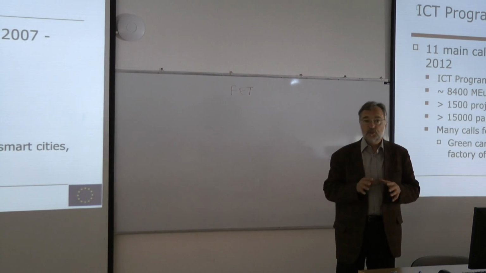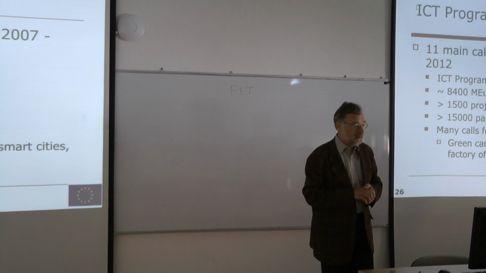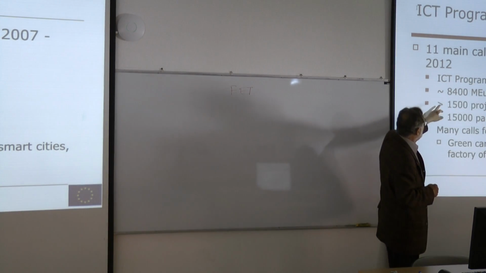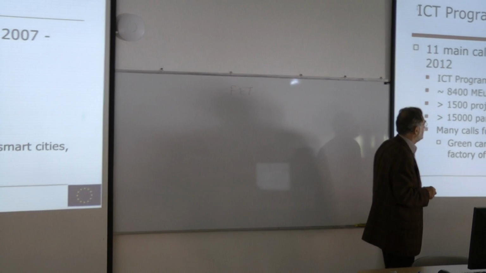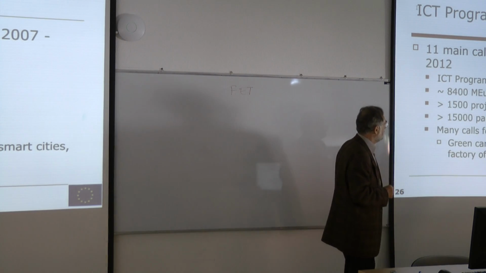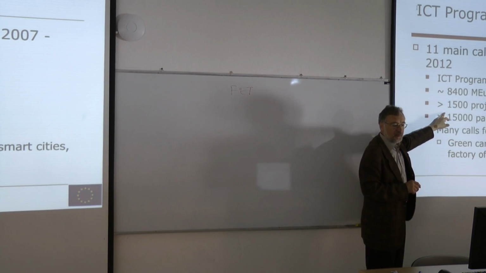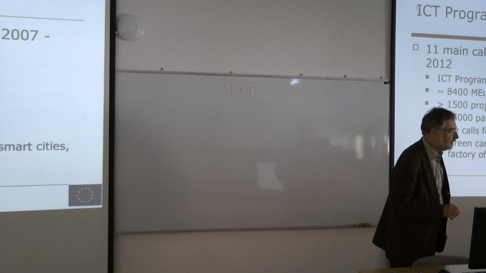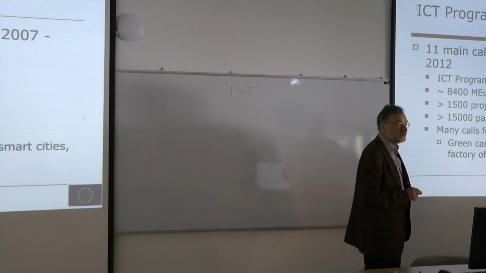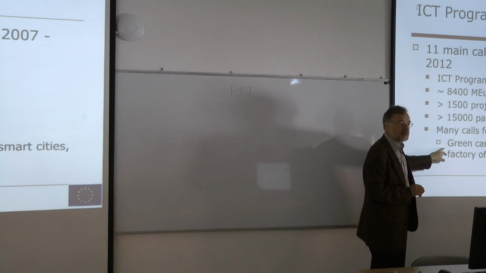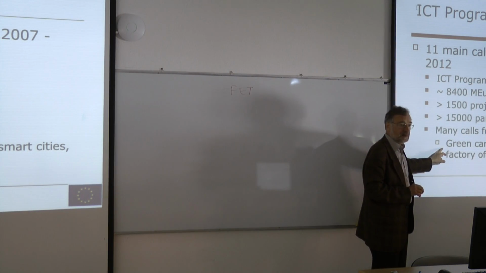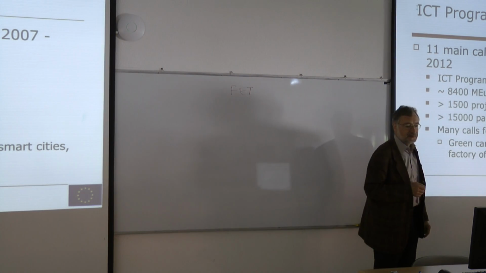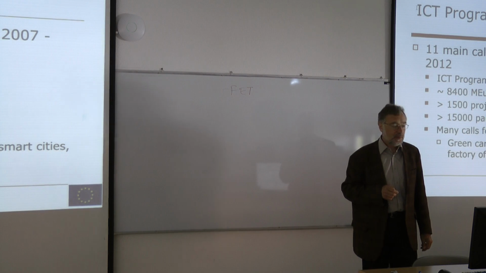There were a lot of small calls for particular technical subjects, with around 8,400,000 euro funding, with around 1,500 projects and 5,000 participants, very roughly. There are other calls for specific technical areas. Some examples I put here: green cars or electric cars, future internet, smart cities, factories of the future, and so on.